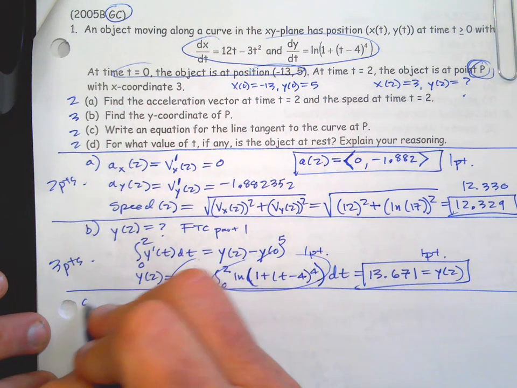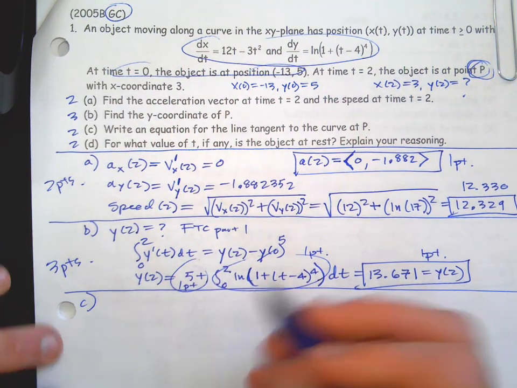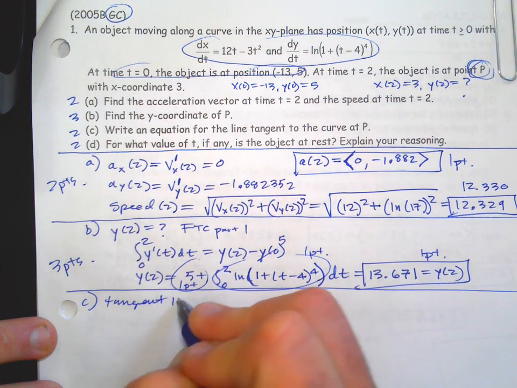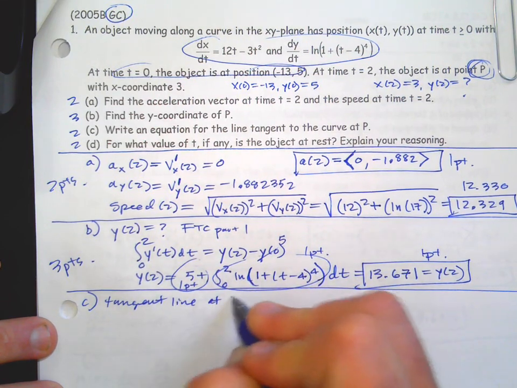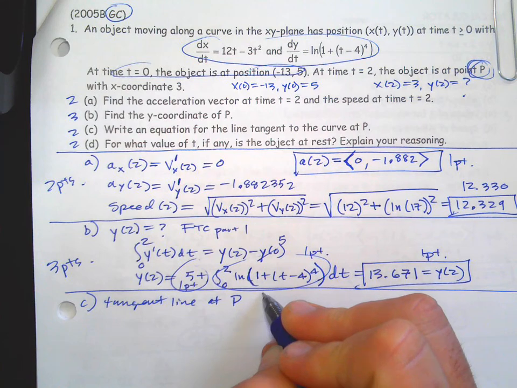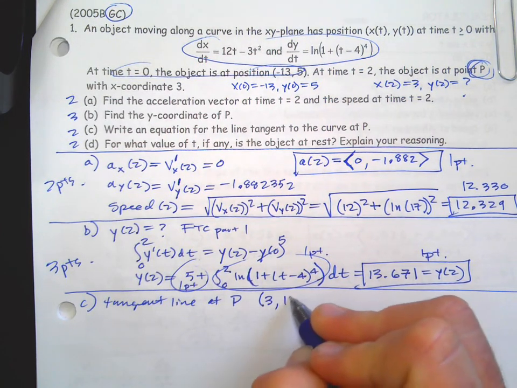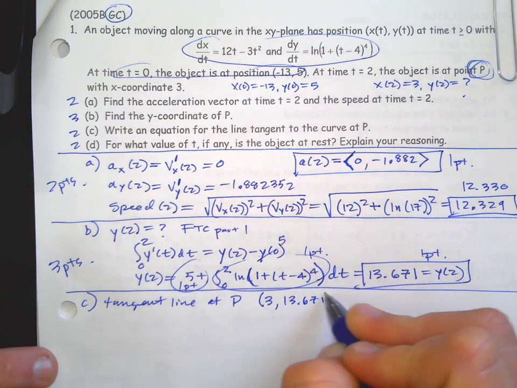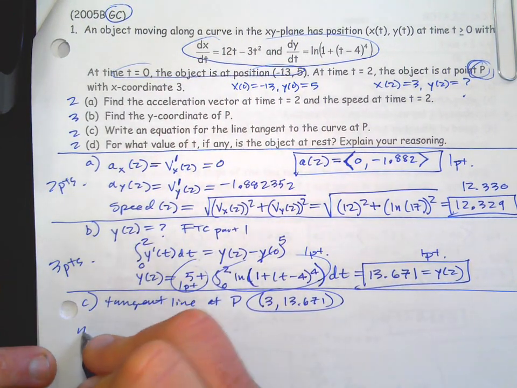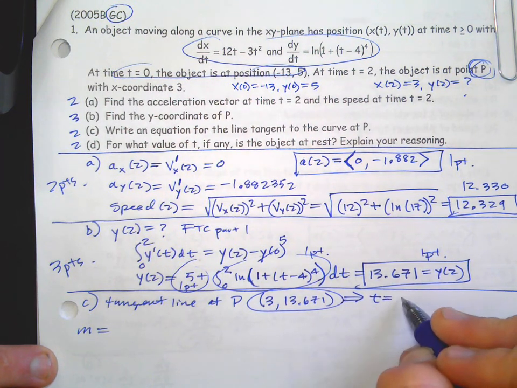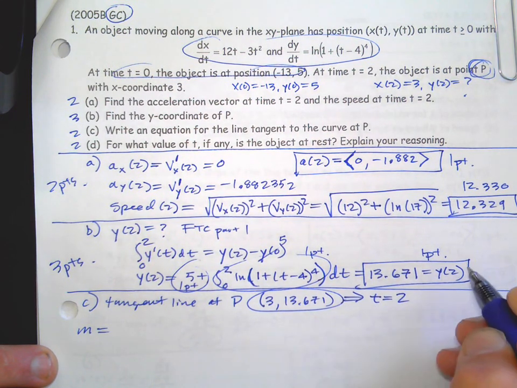Okay, C. Write the equation of the tangent line. Tangent line at P. Well, we already have the coordinates. Right? The coordinates are 3, 13.671. We need the slope. Now we also need to realize this is at time 2, they said.